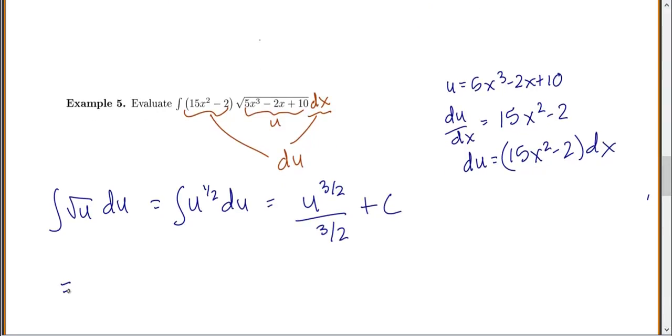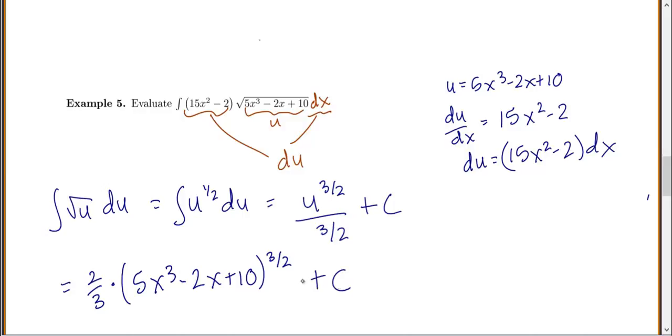And don't forget, your final step is to put the x's back in instead of u's. So u is 5x cubed minus 2x plus 10. So instead of dividing by 3/2, let's rewrite it as 2/3 times 5x cubed minus 2x plus 10 raised to the power of 3/2 plus c. And there's our final answer.